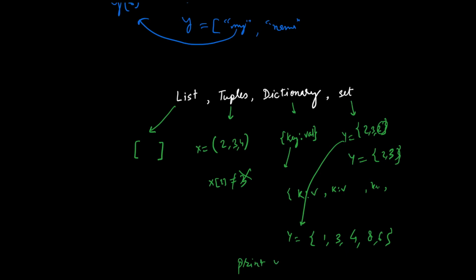If I want to print it again, it's not necessary that they will come in this order. They are not in fixed order, they may change their order. In subsequent videos we are going to discuss these things in detail.